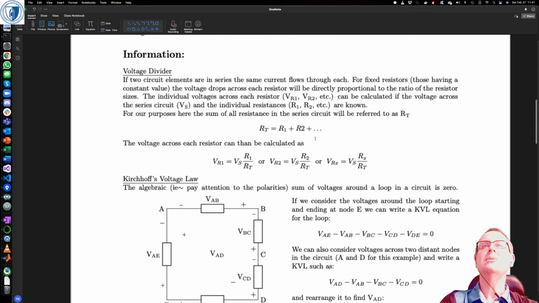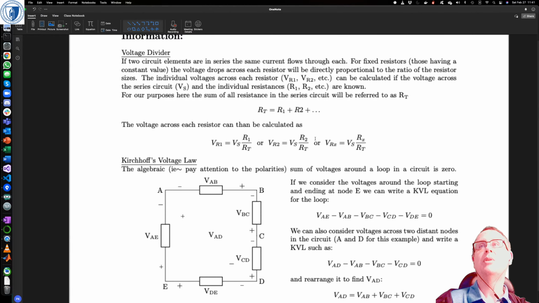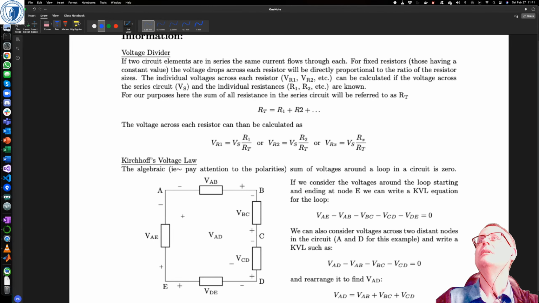Okay, so let's just have a look. The voltage divider is, if you've got a series circuit, then the voltage drop across each of the resistors in the series circuit is VR1, VR2, etc. And if the voltage applied to the series circuit is Vs, then the voltage drop across R1 is just, where's my drawing gone?